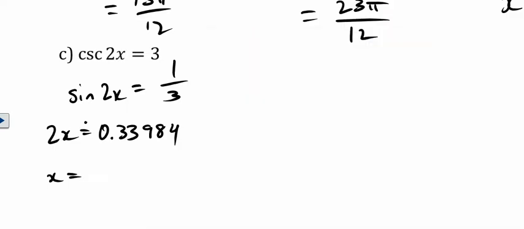So we're going to find that for 2x equals, not 2 pi, sorry, pi minus 0.33984, right? And then divide that by 2. That's only 2 of your answers. You got to go find the other 2. So finish that off if you haven't already.